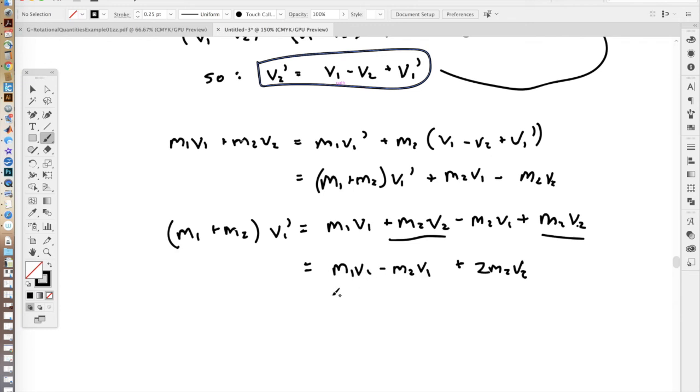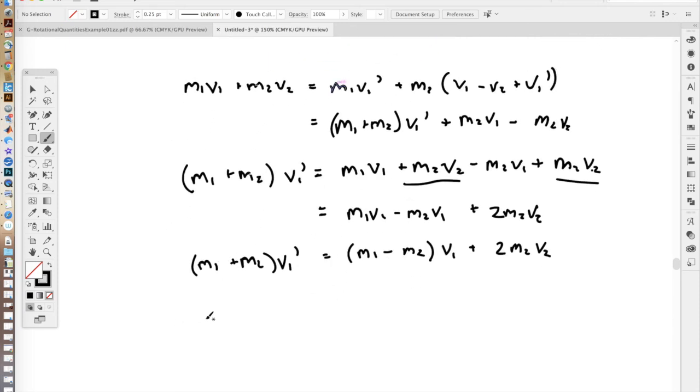But you see here we've got v1 in each term here, so we can write this as m1 minus m2 times v1 plus 2m2 v2. And that's all equal to m1 plus m2 v1 prime. Right?